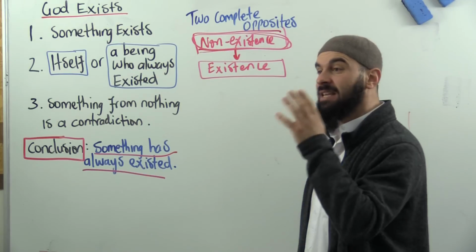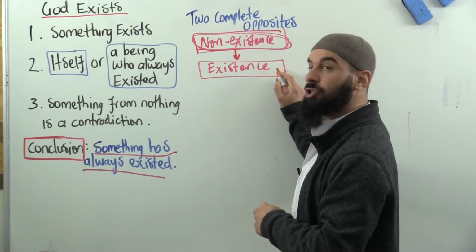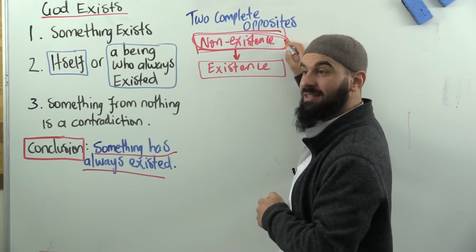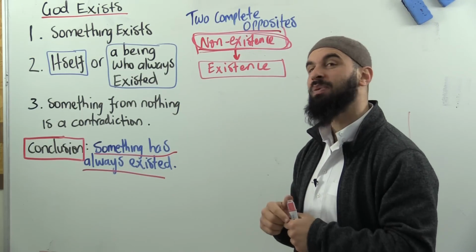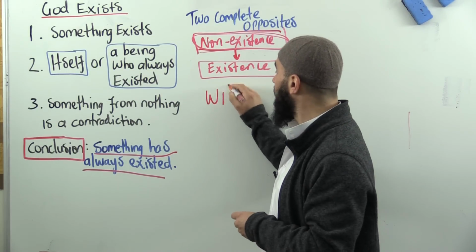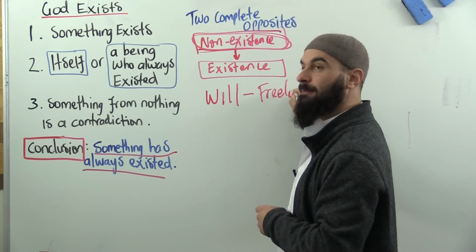Therefore, given the fact that we exist and that existence was chosen over our non-existence, it means that the eternally existing being possesses the attribute of will, which is to simply freely choose.